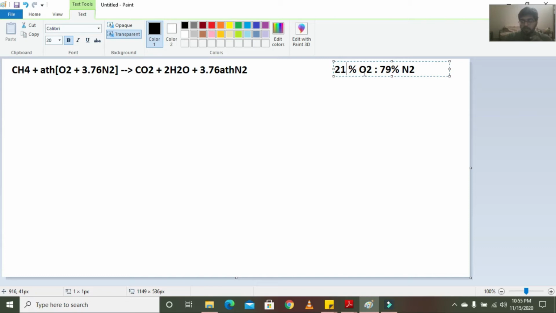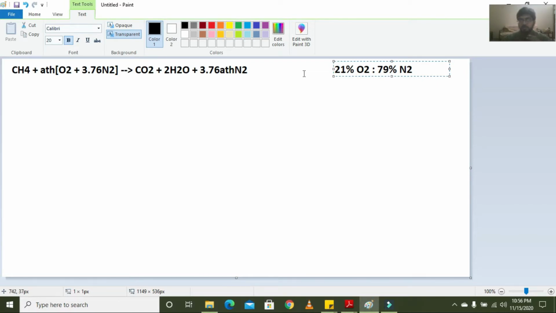If I take the ratio of the nitrogen to the oxygen, I will get 3.76, so for every 1 mole of oxygen I will have 3.76 moles of nitrogen.